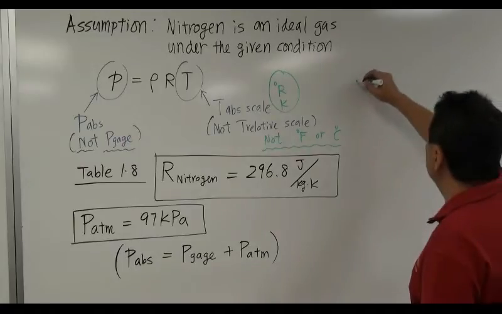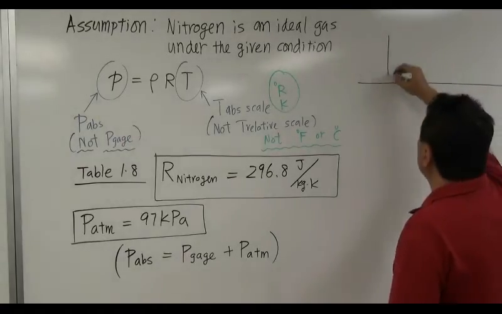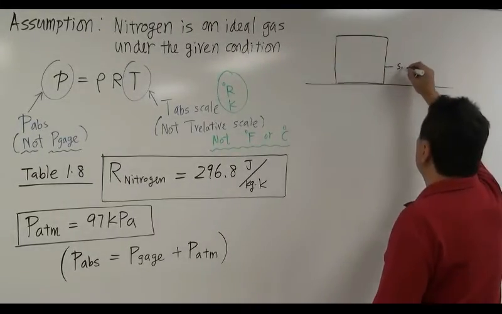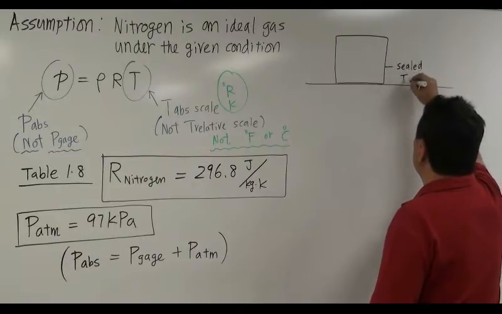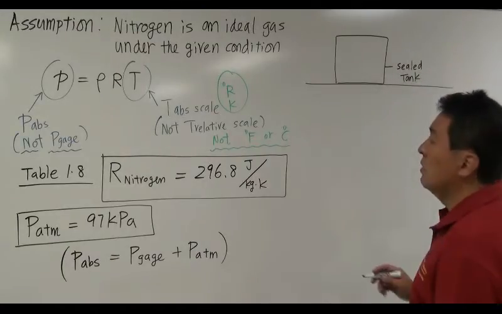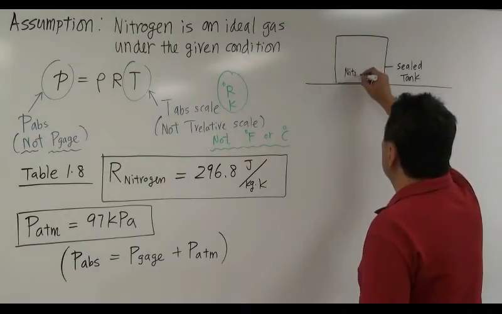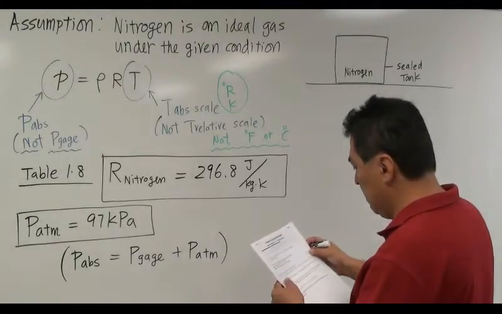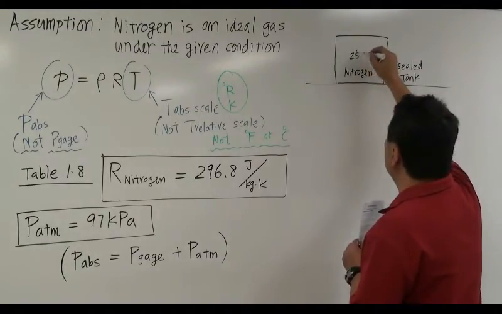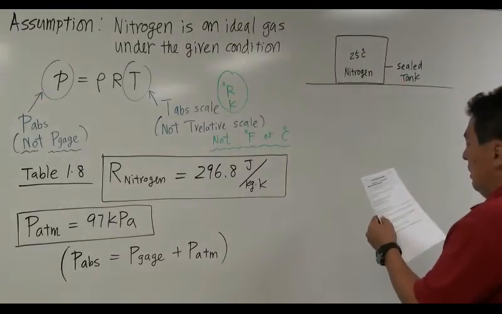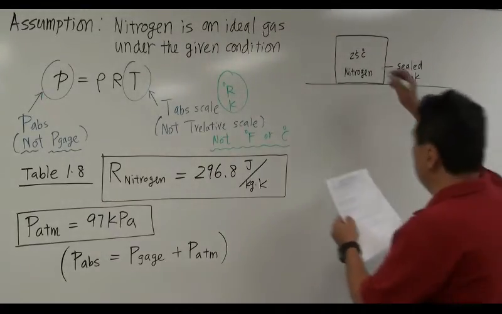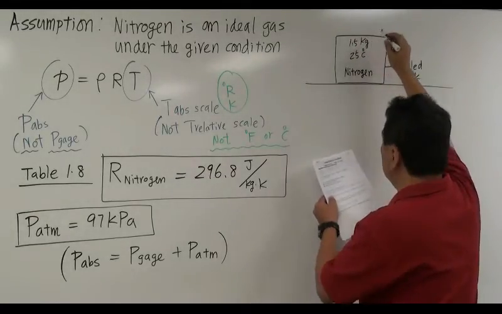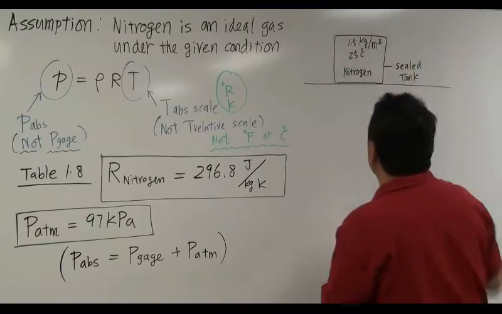The situation here is probably a sealed tank with nitrogen filled. Now, the condition given here is the temperature 25 degrees C of this gas, and then density is given, 1.5 kilogram per cubic meter.